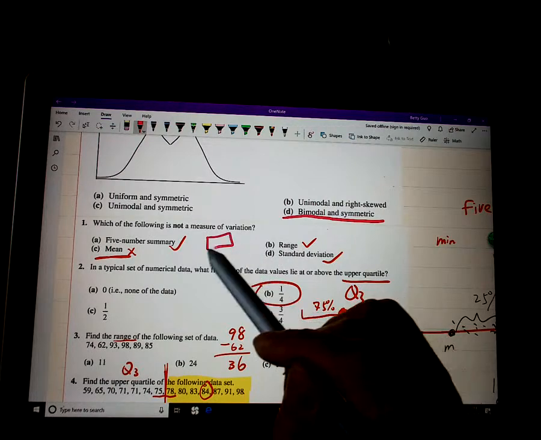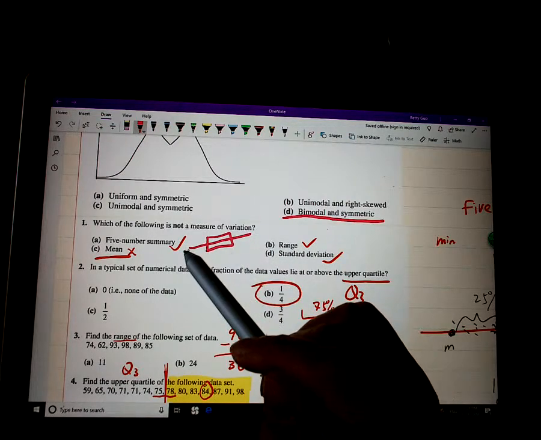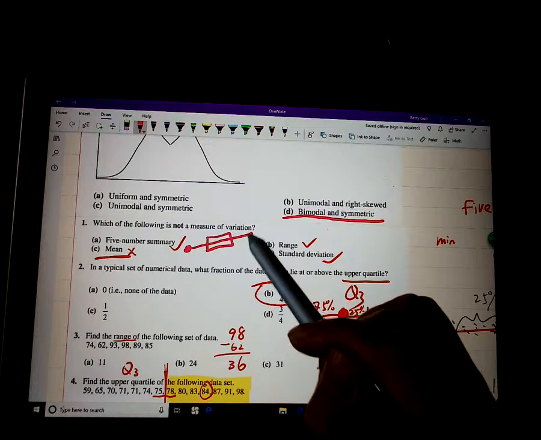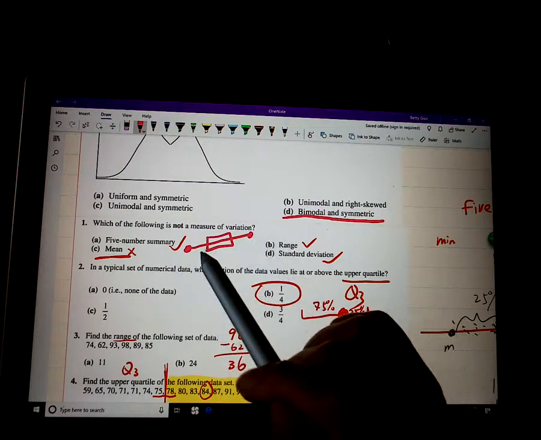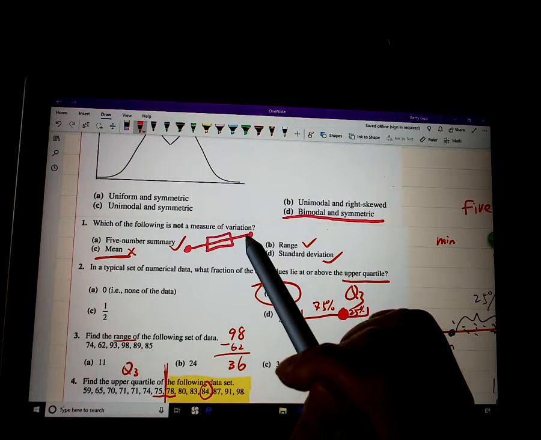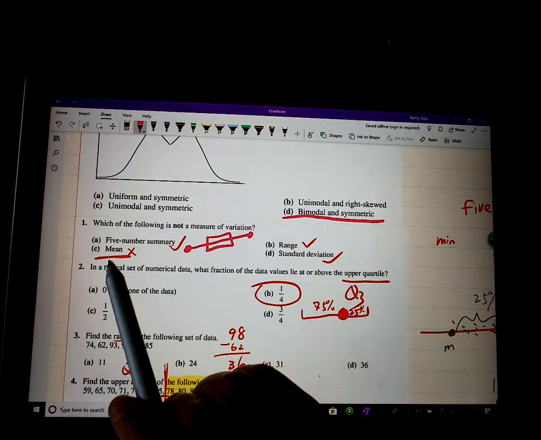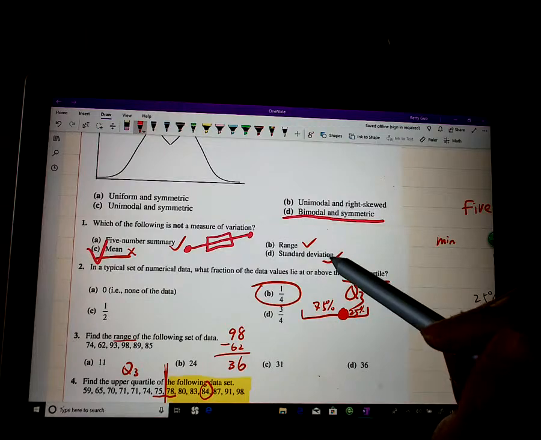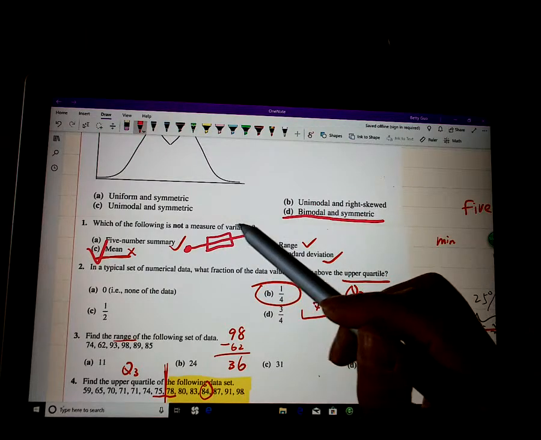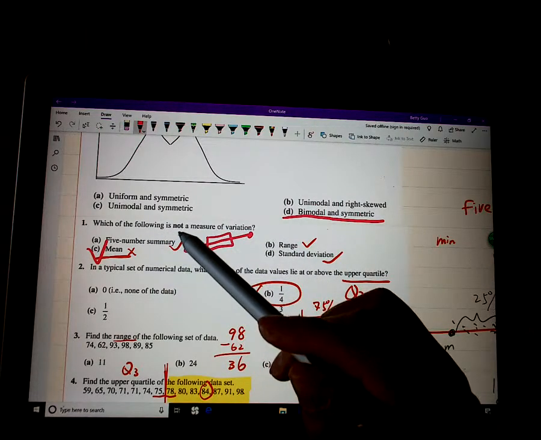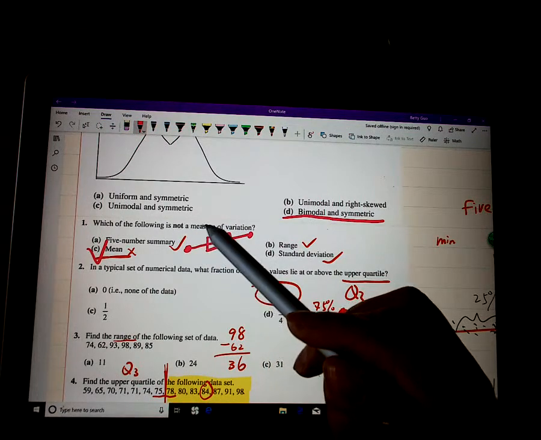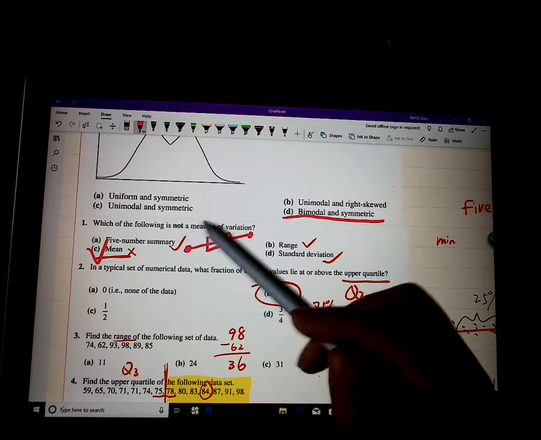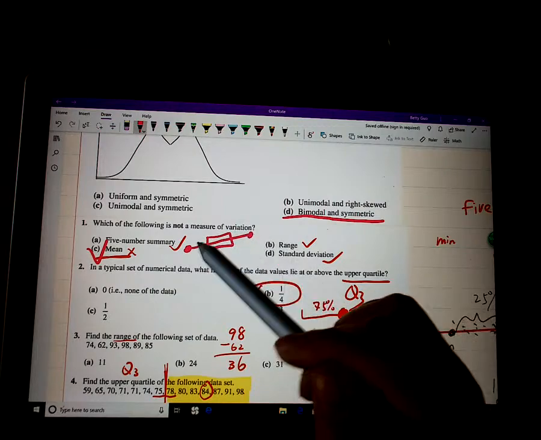It's like, let's say, the box plot. If you have longer whiskers, that means the variation is bigger. Yeah, mean measures the center, so we should choose C here, okay? Range and standard deviation, of course, measure variation. 5-number summary technically measures relative standing, but it also gives you an idea about the variation.